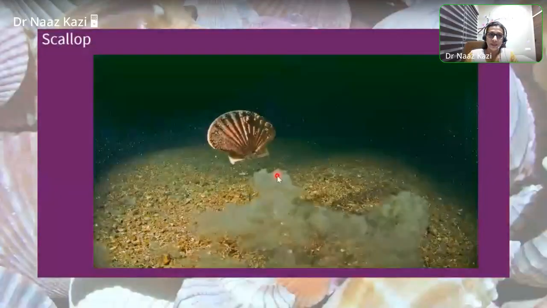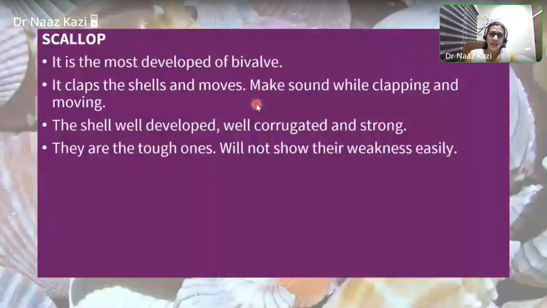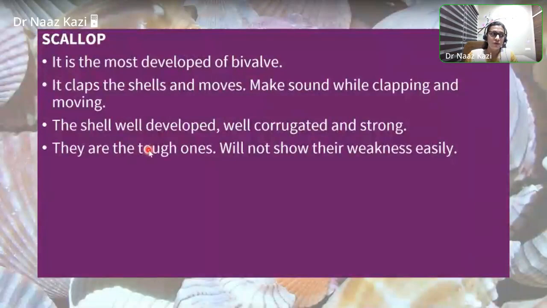So it is the most developed of the bivalves. It claps the shells and moves. While clapping, it makes a sound and it moves. The shell is well developed, well corrugated. It is very strong, and they are the tough ones. Out of all the mollusks, as we know, they are primitive creatures, very early in evolution.